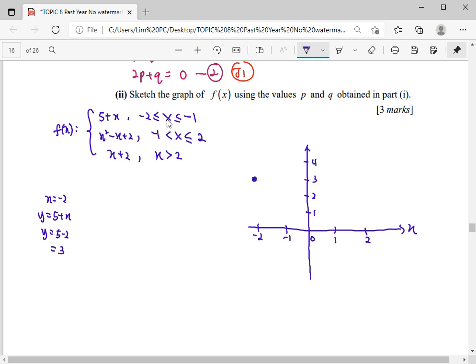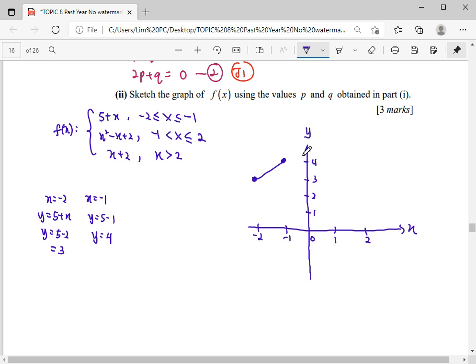This is our starting point for 5 plus x. The ending point is when x equals -1, and the y coordinate equals 4. So this is my ending point. In between here is our linear graph, 5 plus x, a straight line.